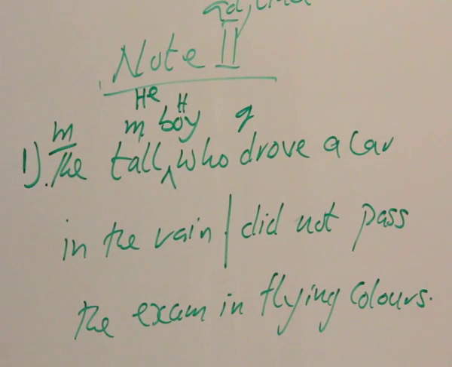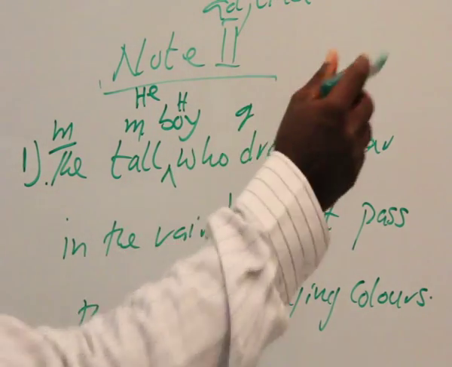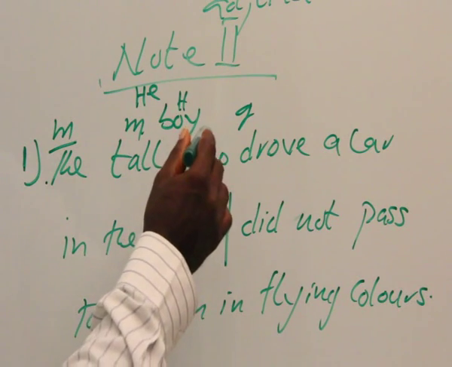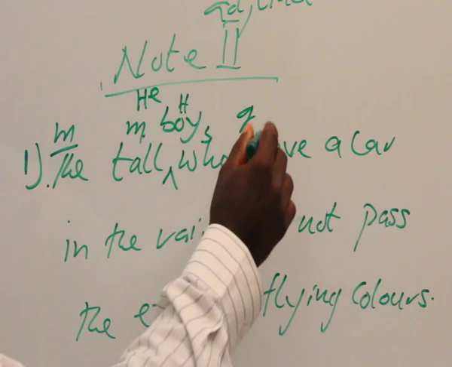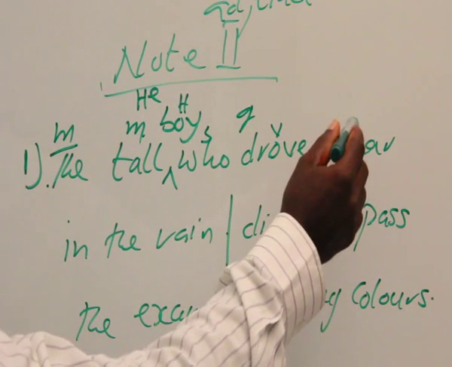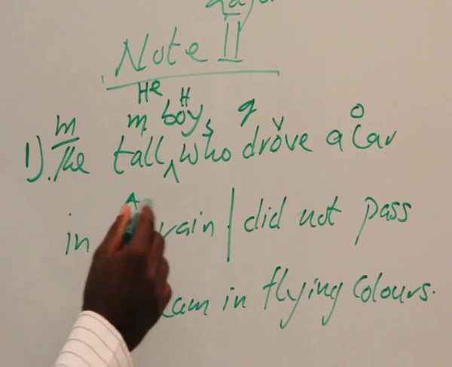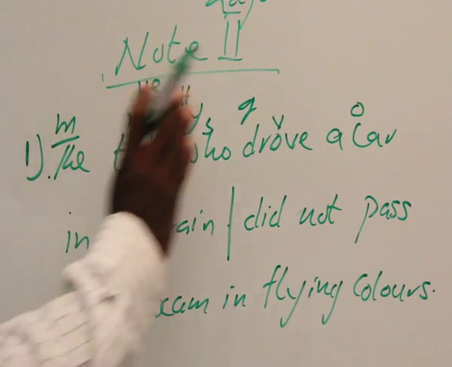The qualifier is a relative clause or an adjective clause. Who drove a car in the rain? And so that structure, the relative clause, has its own subject and then has its own verb, and then it also has an object. It has an adverb, which is a prepositional phrase operating as an adverb phrase. So you see how complex it is.